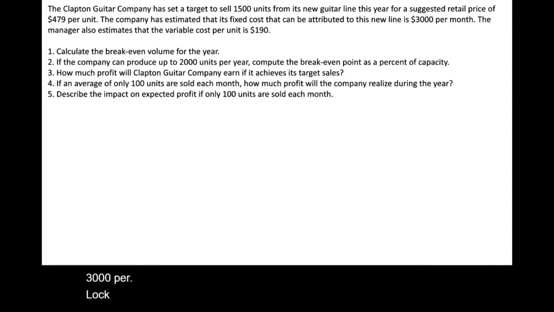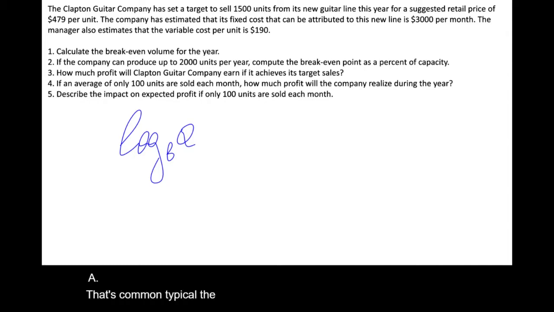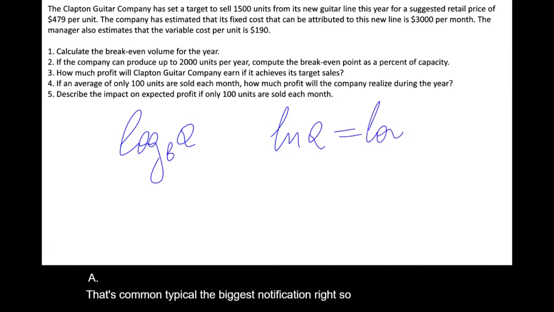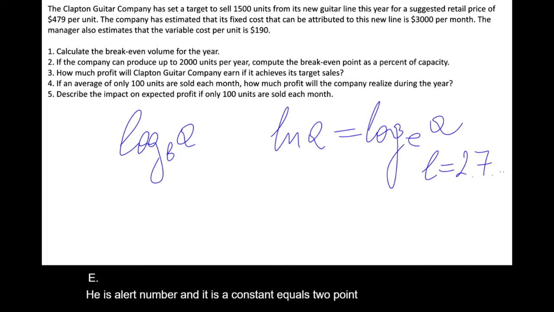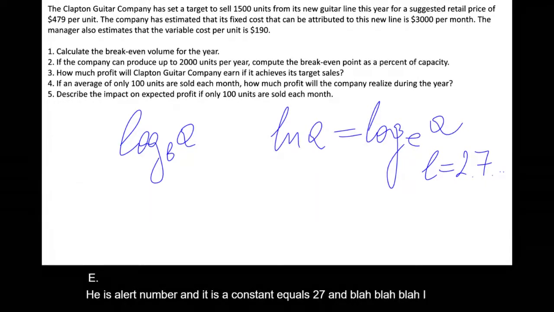Log and ln. Okay, logarithm a, that's the common, typical notation, right? So ln a is log base e. E is Euler's number, and it is a constant. E equals 2.7 and so on. I don't remember actually.